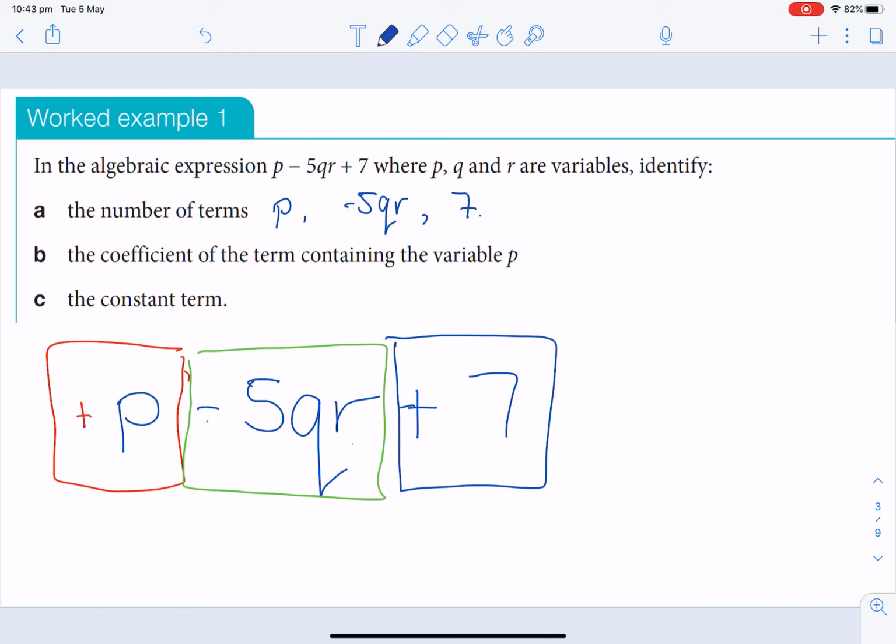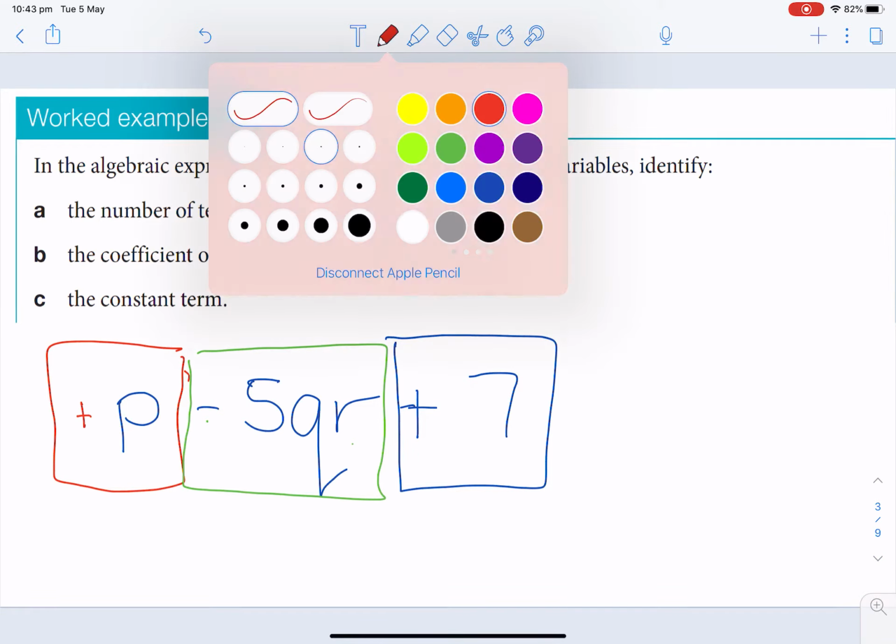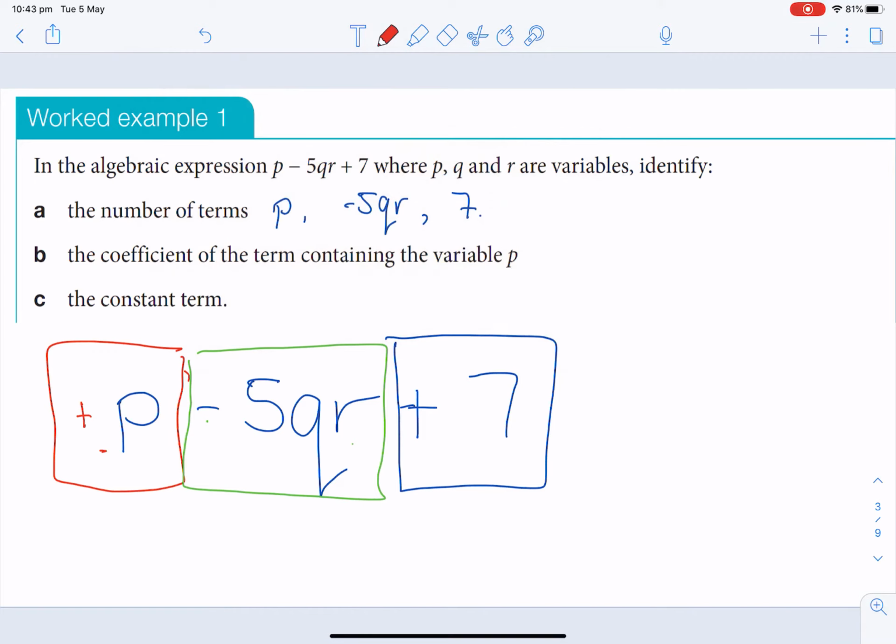Part B asks the coefficient of the term containing the variable p. Now, if we're remembering algebra, if there's no number hiding before that p, you know that there's a number 1. So the coefficient of the term containing the variable p is the number 1.